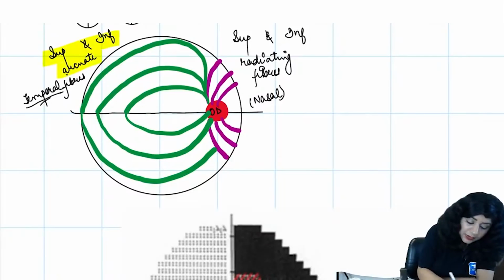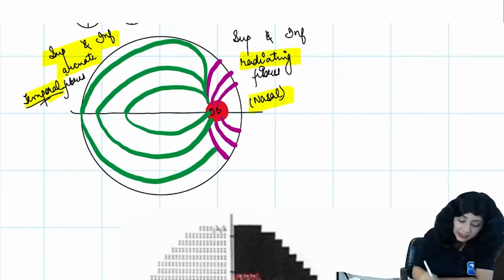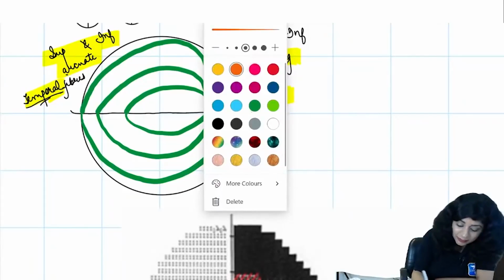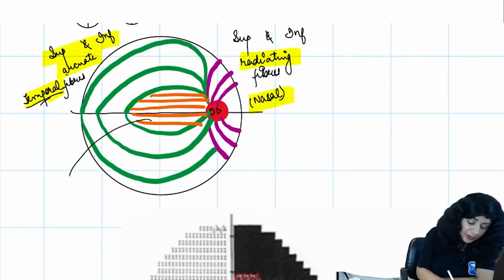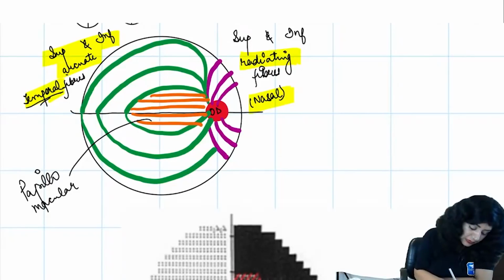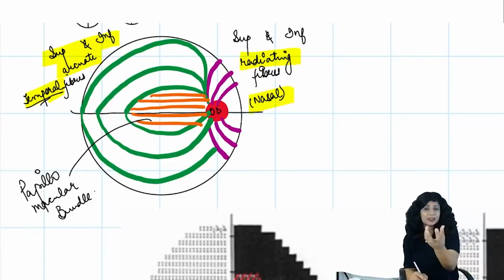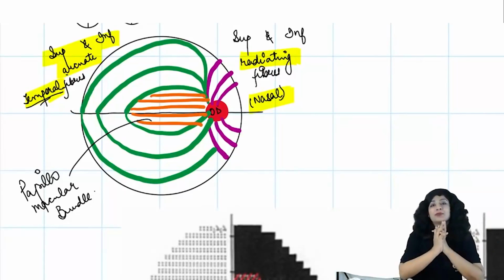These are your arcuate fibers on the temporal side, and these are the radiating fibers on the nasal side. And in the center, we have comparatively straighter fibers like this. So these straight fibers are your papillomacular bundle. Papillomacular, meaning connecting the optic disc and macula, we have straight fibers.